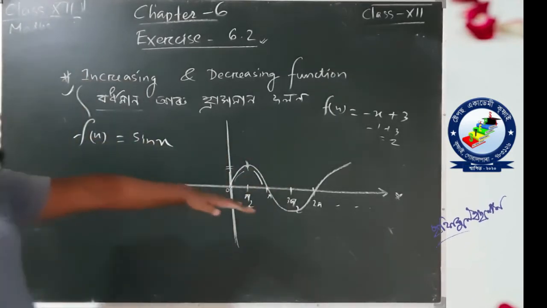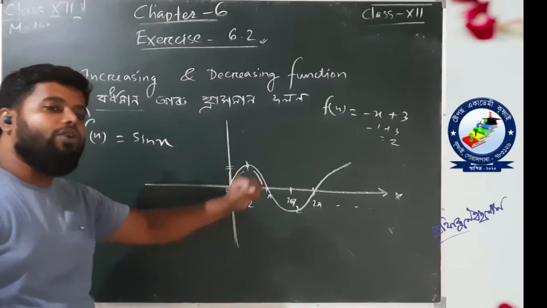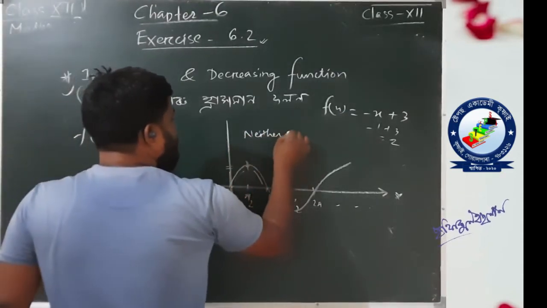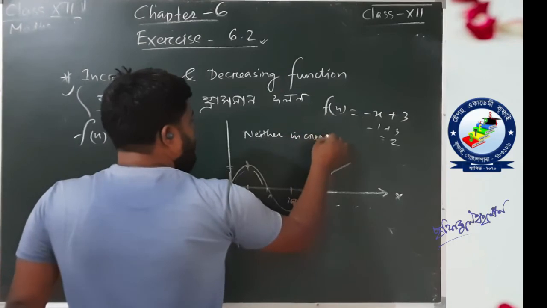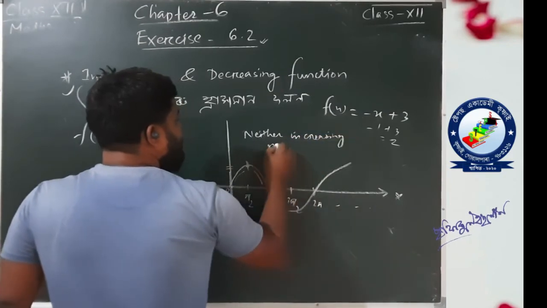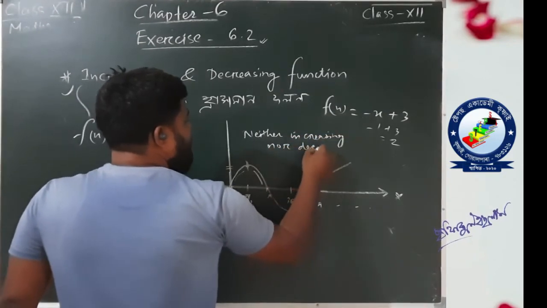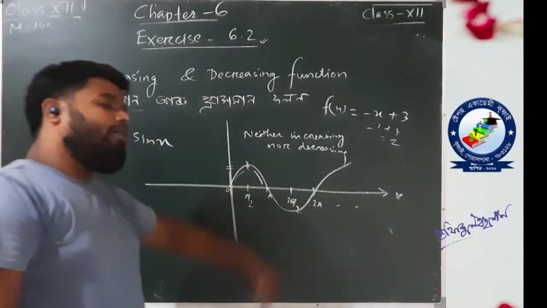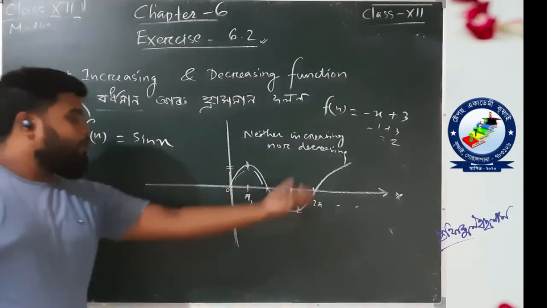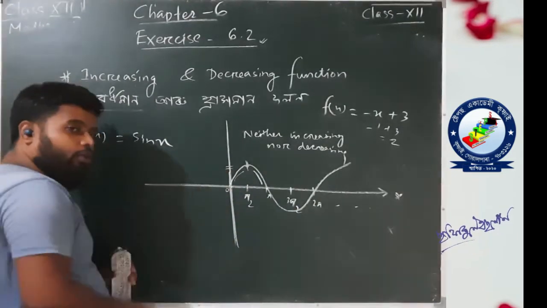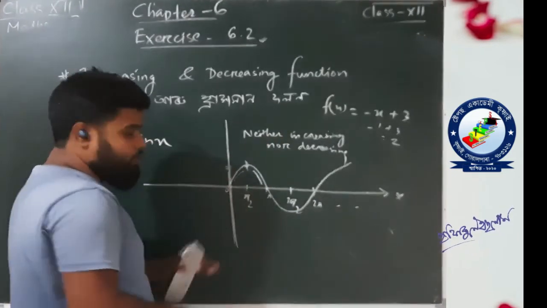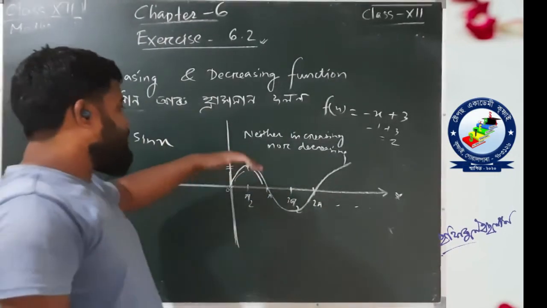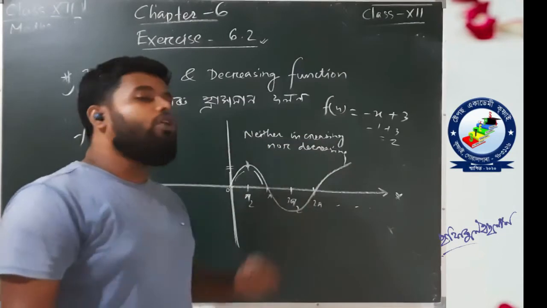So such type of functions we can call neither increasing nor decreasing functions. যে এইবোৰ ফাংশন বৰ্ধমানো নহয় হ্ৰাসমানো নহয়. এনেকুৱা ফলনো থাকিব পাৰে য'ত both are present, increasing and decreasing present. So such types of functions we can tell them neither increasing nor decreasing.